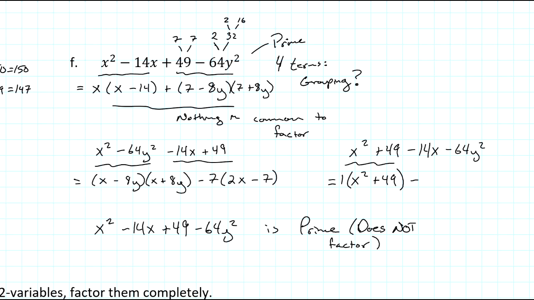Any more than that? 2 goes in, and 7, no. Minus 2 would leave me with a 7x plus 32y squared. And so again, we don't have anything in common to pull out. So I've tried all the different groupings, and there's nothing in common in any of the cases where we can pull anything out. So we're just stuck at this point. There's nothing else to try.